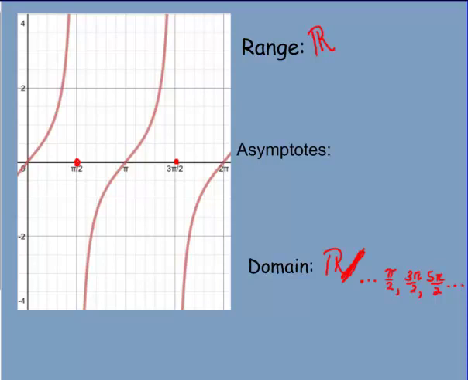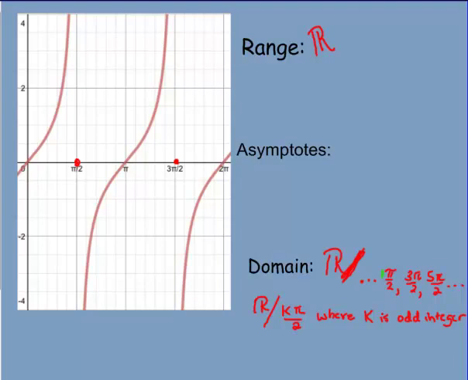Now, for those of you who really want the professional, this is what it would be. The domain is all reals except k pi over 2, where k is an odd integer. So, see right here?